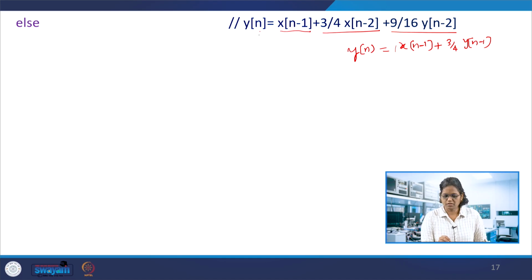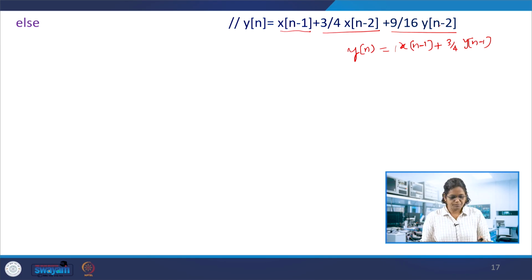So just to show the IIR filter which can have more coefficients at the feed forward and feedback also. So you can see this is y of n minus 2, not y of n minus 1, as we have dealt with in the previous case.